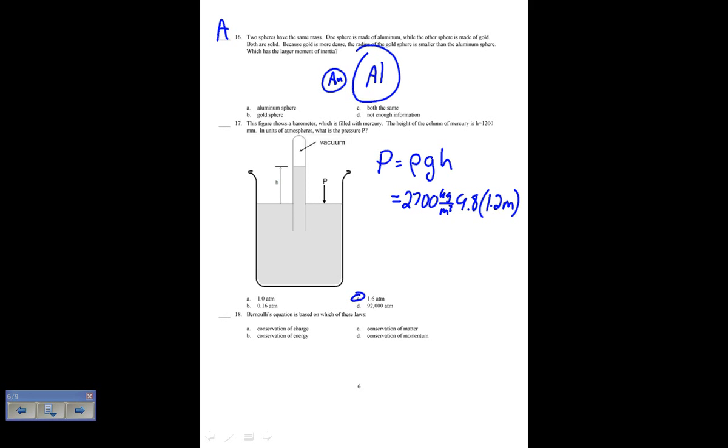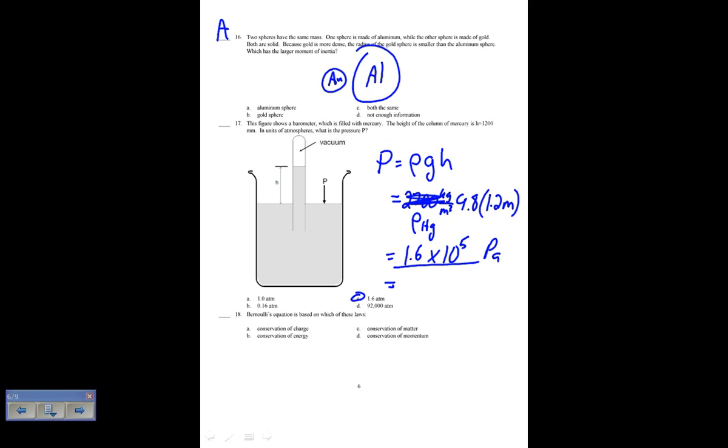Hold on. Well, I have to come back to this, or just put in the density. This isn't the right density. You need to put in the density of mercury, and then that will give you the pressure in pascals. It's going to be something times 10 to the 5th.